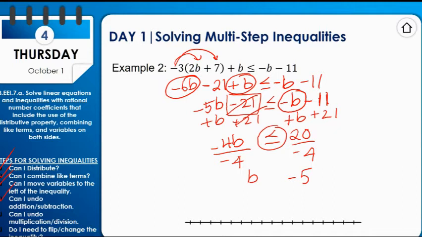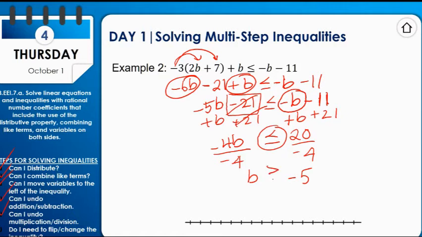Again, I have a less than or equal to. So in order to find the values, because I divided by a negative number, ladies and gentlemen, because I divided by a negative, do I need to flip the inequality? Yes.